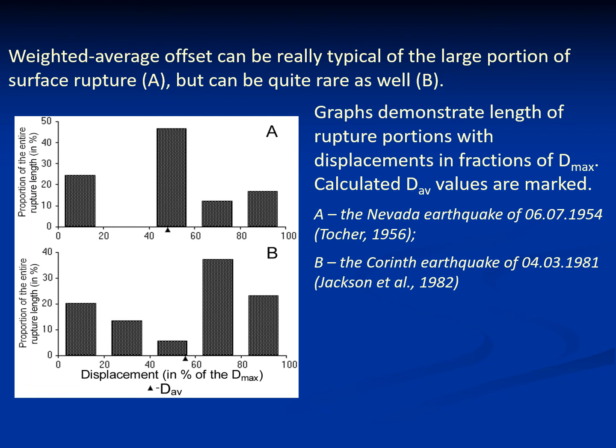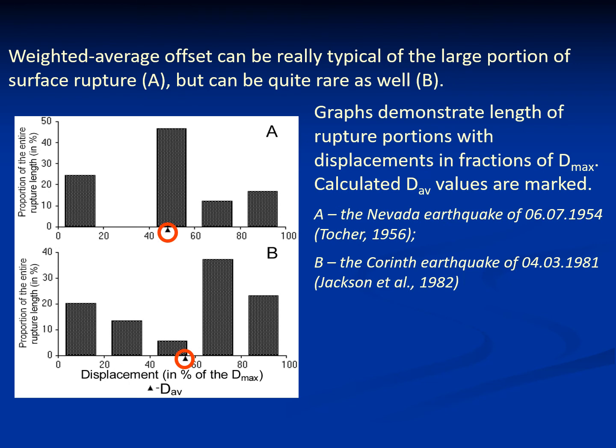Why not use this value? The problem is that weighted average offset can be really typical of a large portion of the surface rupture, as is shown in picture A. But it can be quite rare as well. That is shown in picture B.